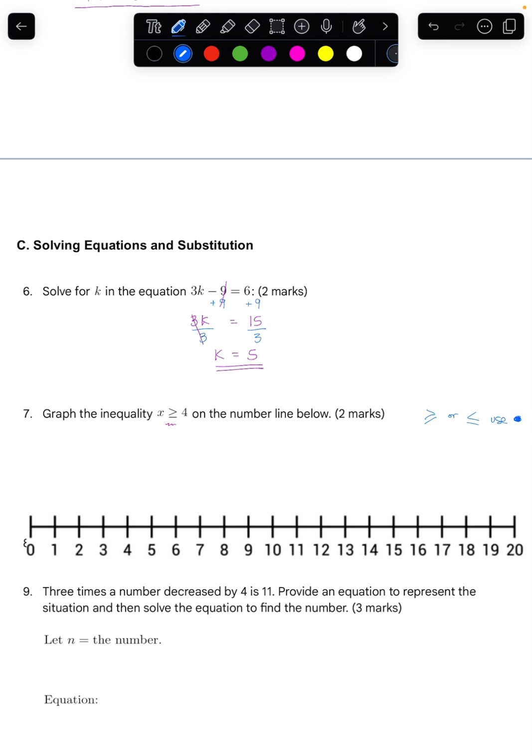And whenever we have greater than or less than, we use an open circle.